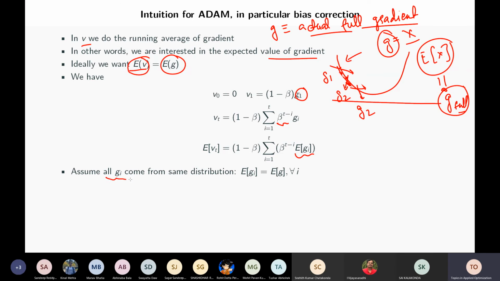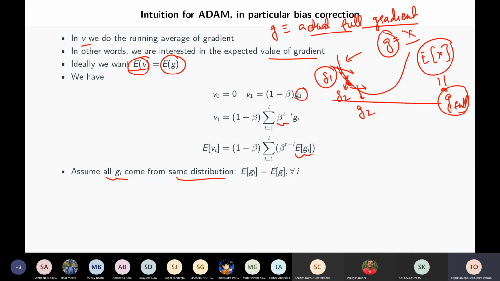Now, if we assume that all Gi come from the same distribution, because you are assuming some IID, then this is a further assumption here. Again, you can ask what is the guarantee? Well, there is no guarantee, right? Because G1 may have come from some distribution and G2 may have come from some other distribution, maybe.